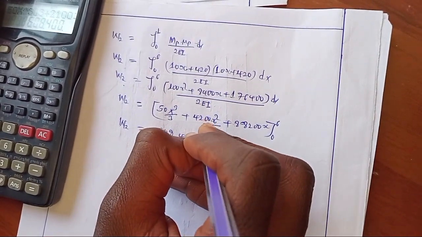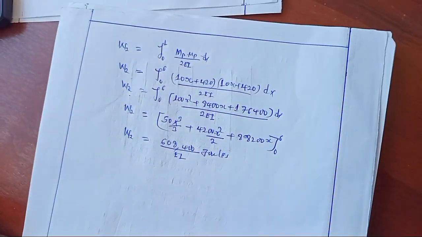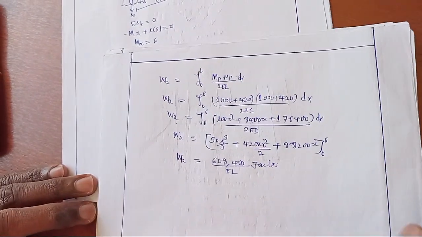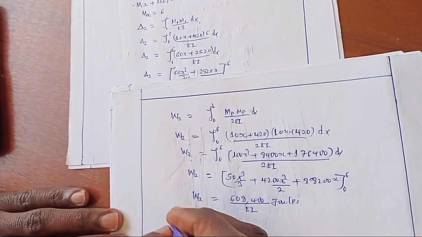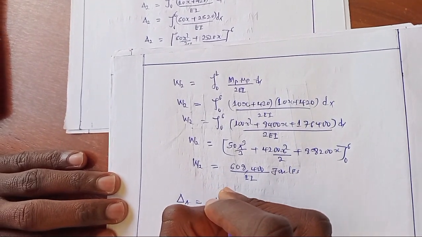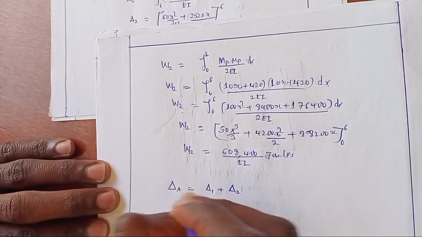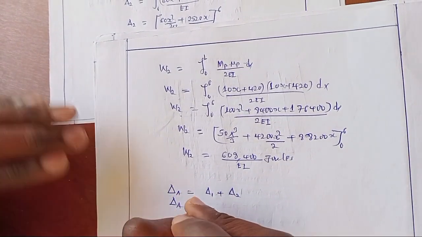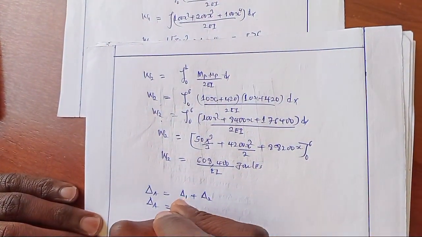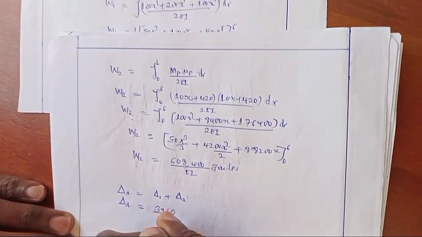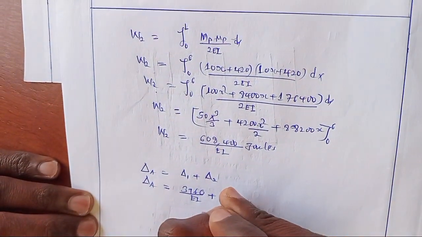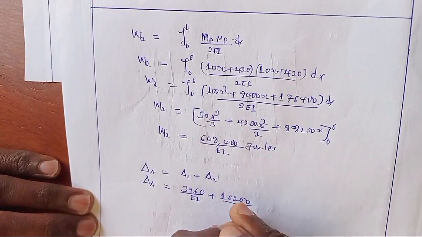Joules. So in our problem, we were required to calculate the deflection at point A. The deflection at point A will be the deflection for section 1 plus the deflection for section 2. The deflection for section 1 was 3960 over EI plus the deflection for section 2 was this one over EI.